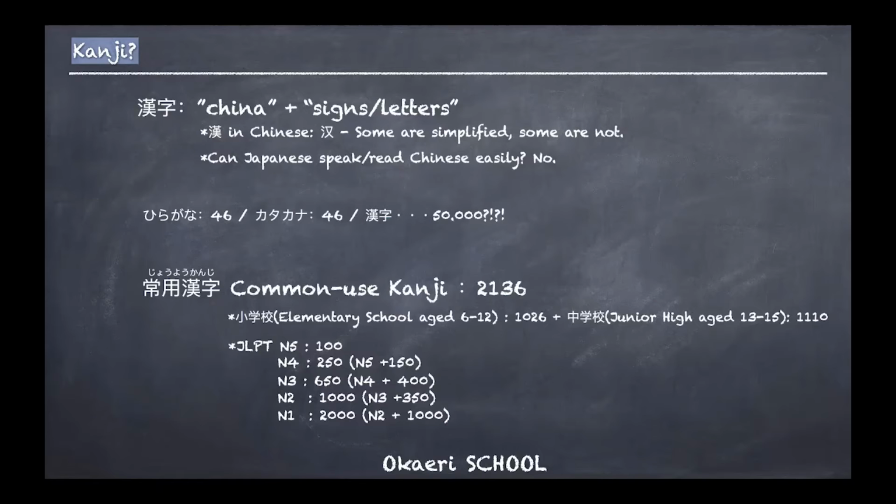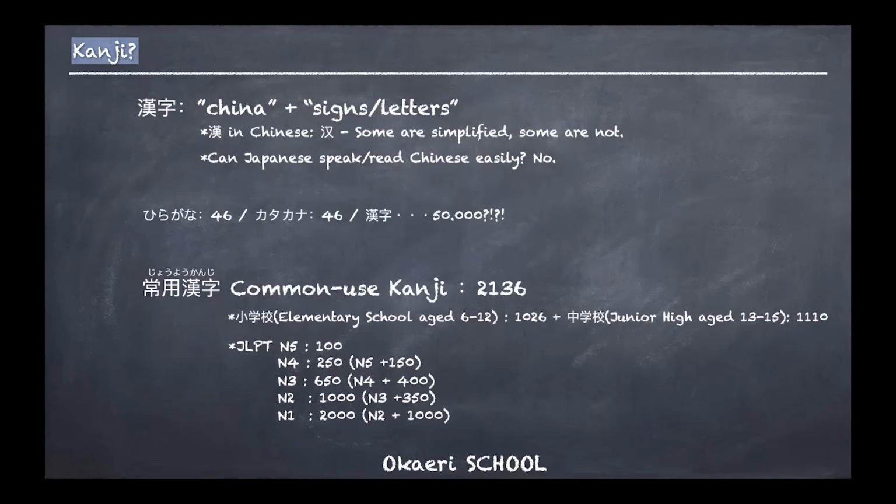We also get asked, since you have introduced Chinese characters, can Japanese people speak or read Chinese easily? And the answer is actually no. It's almost impossible, especially the pronunciation. The pronunciation is totally different, so you can't really understand. You can guess some Chinese characters when you're Japanese, and the other way around as well, but not enough to communicate correctly or understand each other.